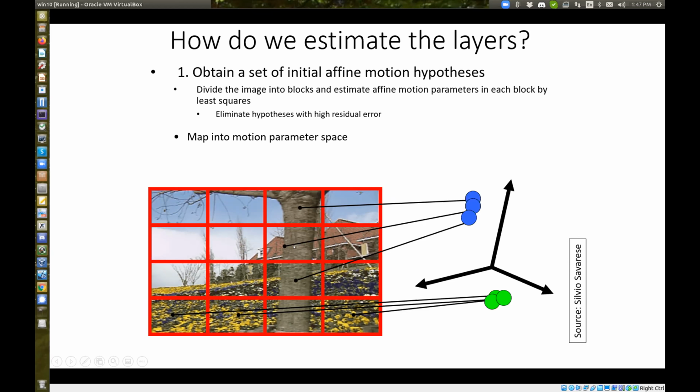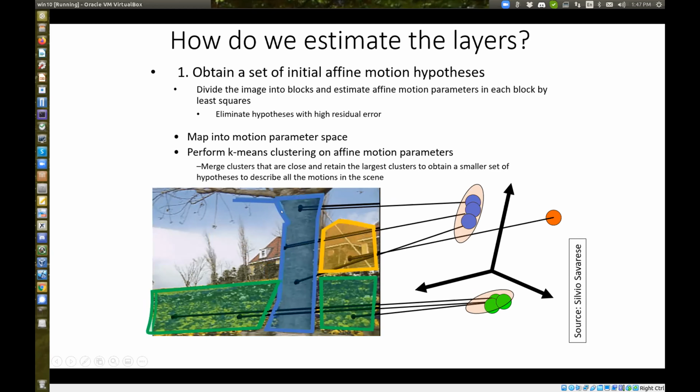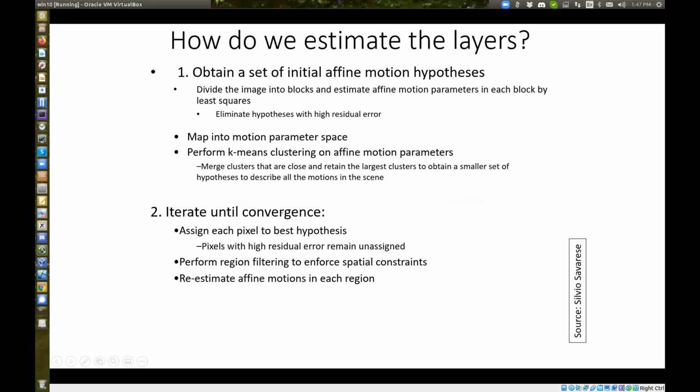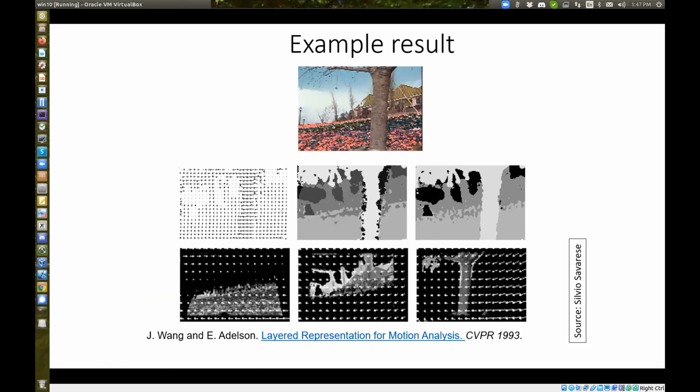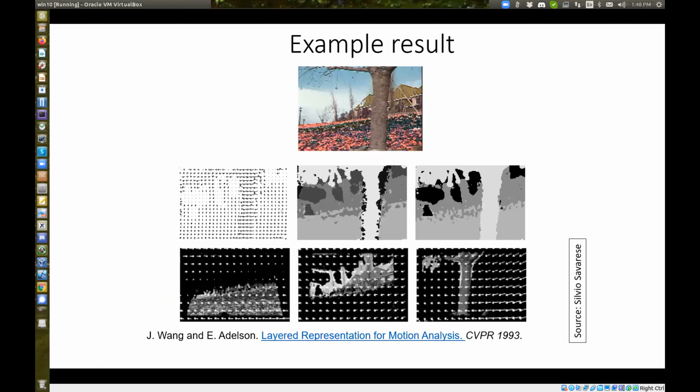You expect the values to be close to one another, so you can cluster them together. This one is probably pretty far away, so that corresponds to another cluster, and the orange one may be another cluster. When you group all these clusters together, then you have the motion segmentation. So these are some results showing here.